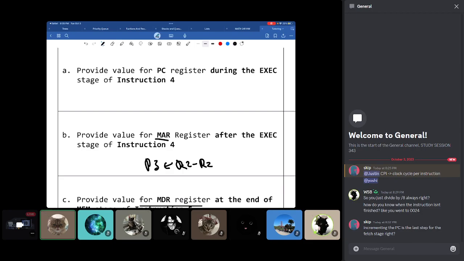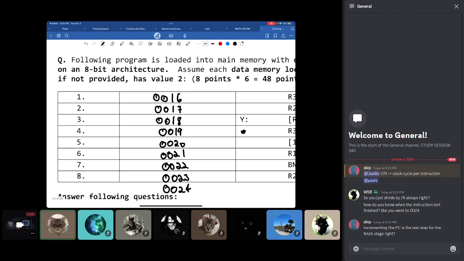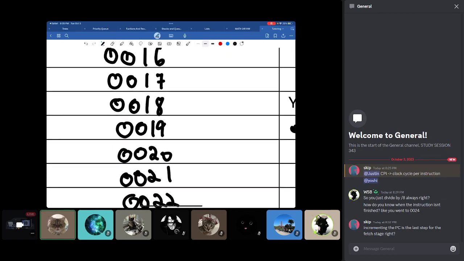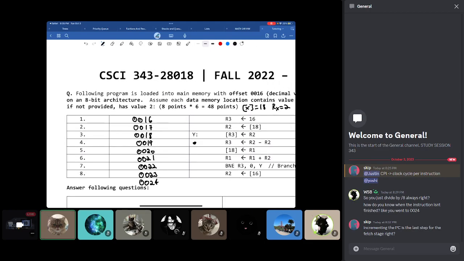But that was the only time the value of MAR was changed, to the instruction that we were currently at. And the instruction that we were currently at for instruction 4 was 0019. And that's why MAR held 0019.